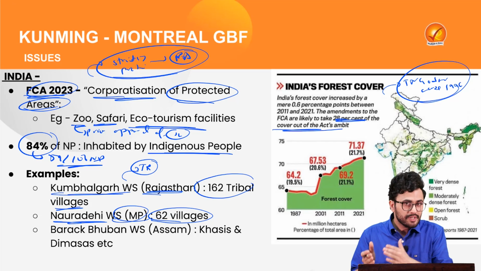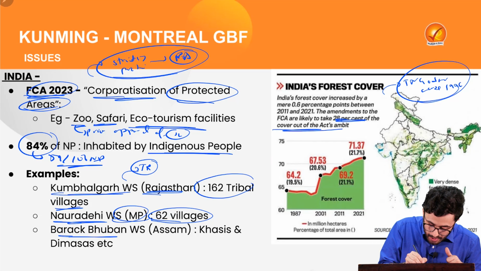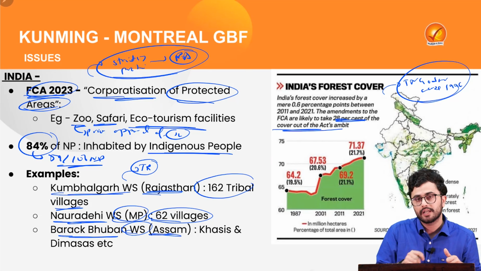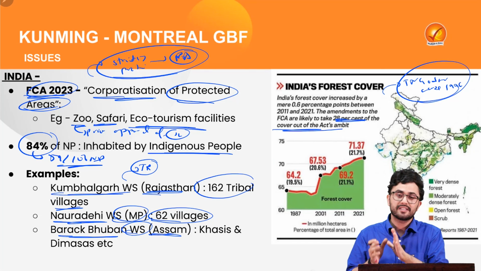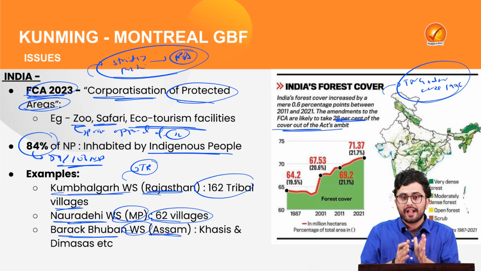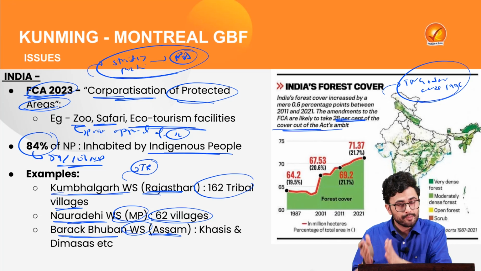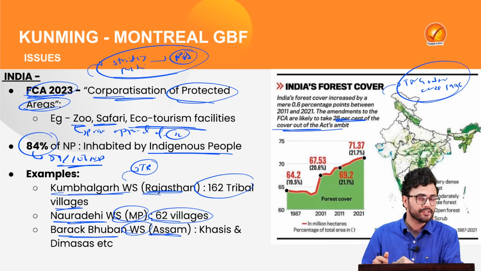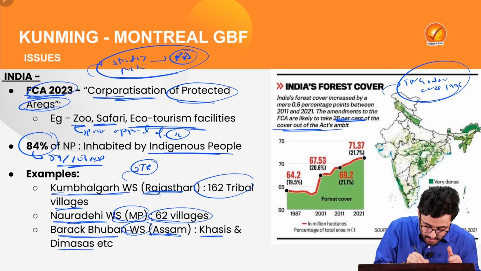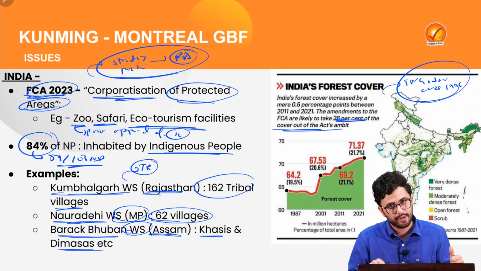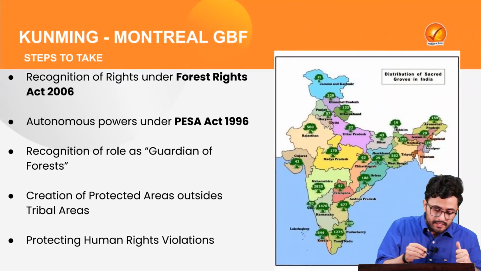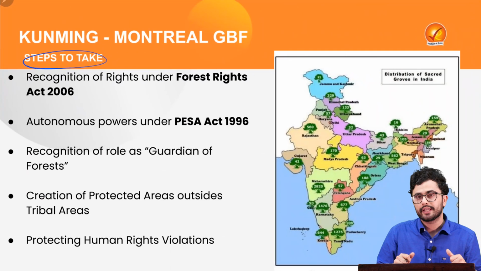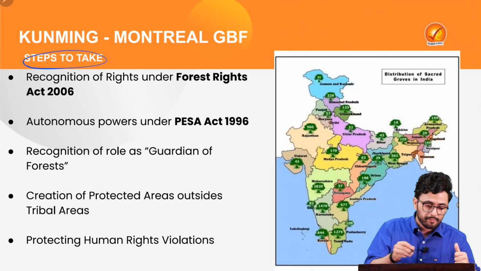And a similar event happened in the Barak Bhuban Wildlife Sanctuary in Assam, where after the site was declared a protected area, it led to the disruption of the rights of indigenous tribes such as the Khasis and Dimasas, etc.